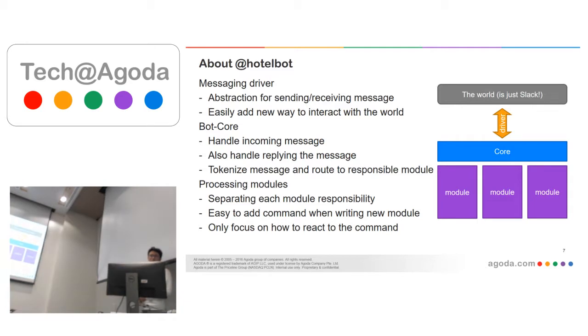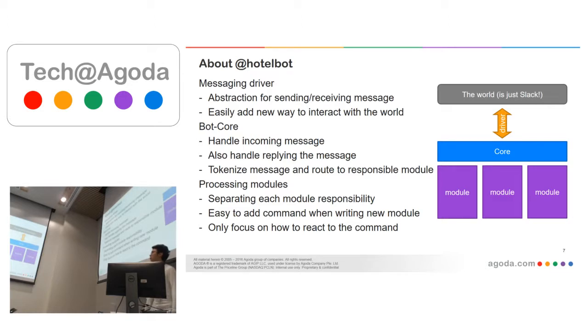So in the hotel bot, I decided to have three parts. The bot interacts with the world, right? There is a driver. For example, in hotel bot right now, it's using the Slack driver. It can receive a stream of messages from Slack, and it can post a message back to Slack.